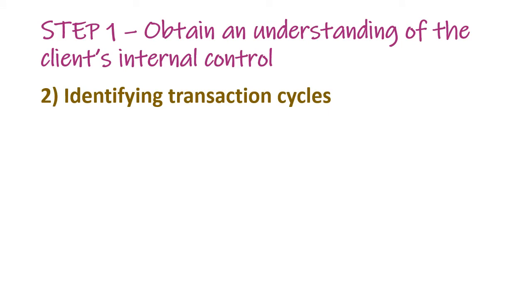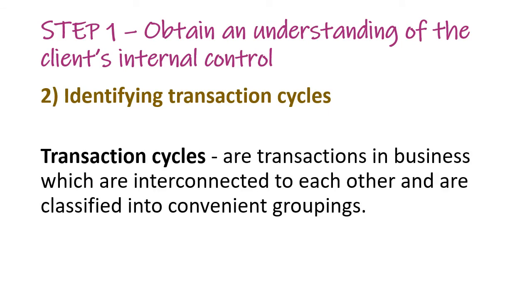The second one is to identify the transaction cycles. As we already know from our accounting information system course, transaction cycles are transactions in business which are interconnected to each other and are classified into convenient groupings.